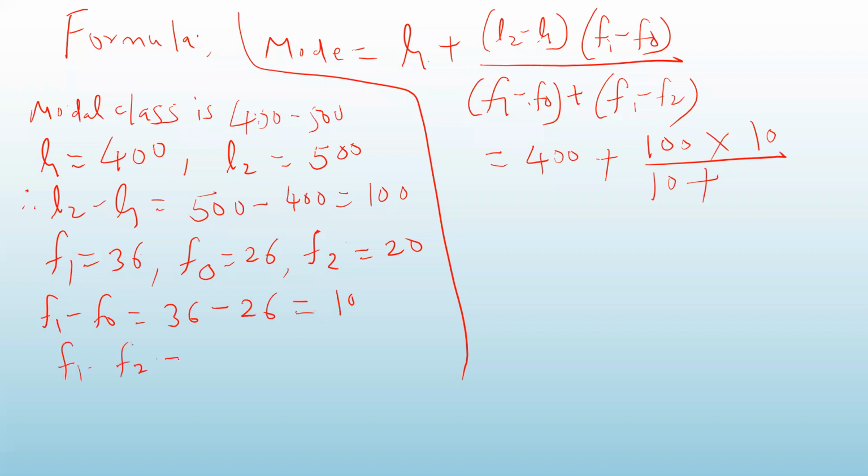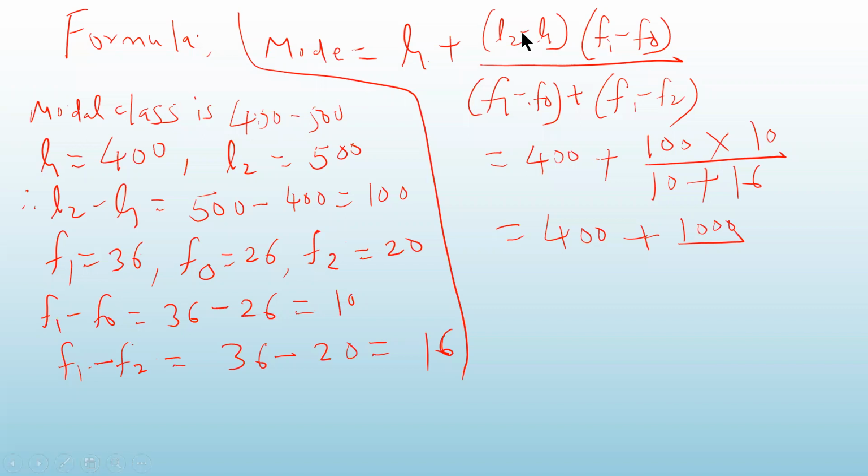F1 minus F2. What is F1? It is 36 and F2 is 20. So 36 minus 20, that is 16. Okay. So 400 plus 100 into 10, that is 1000.